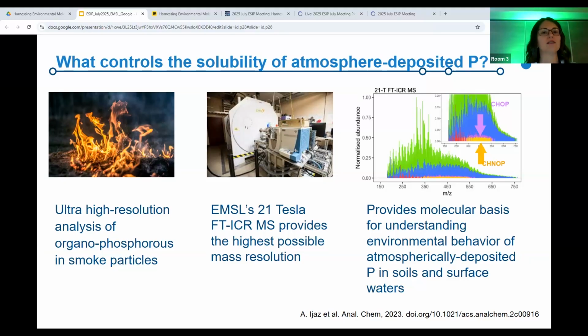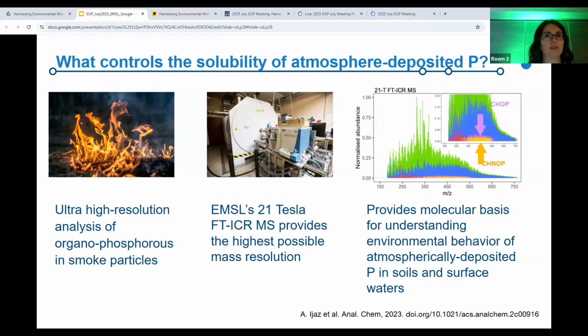So aerosol from wildfires is a major source of phosphorus in soils. And Dr. Mazzoleni really wanted to understand what controls the solubility of that atmospheric phosphorus, because that controls its bioavailability. The difficulty here is that organophosphorus is really dilute in wood smoke aerosol, and it's compositionally complex.